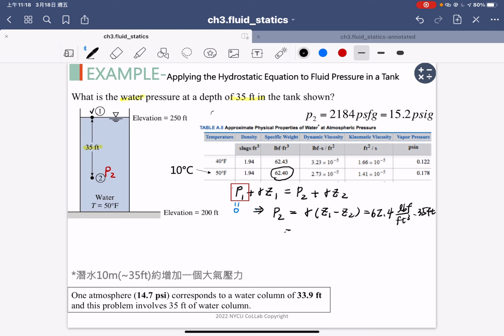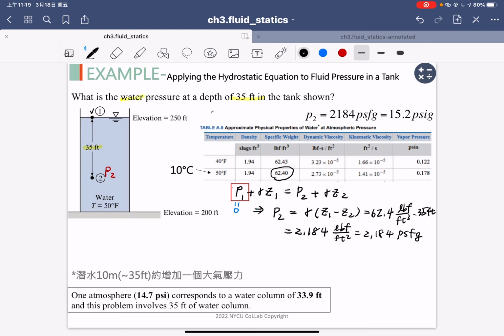So you can compute the answer for this question. I checked the number here, it is equal to 2184, and because this is pound force per square foot, we can say that it is PSF, and this is the gauge pressure.